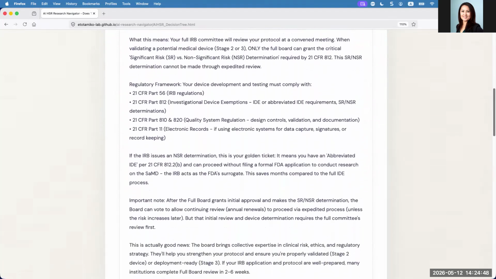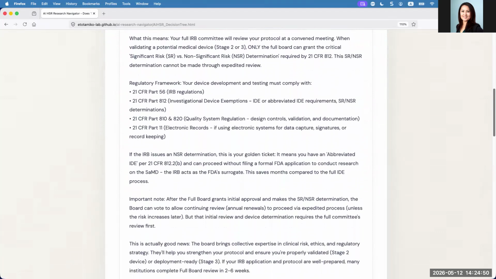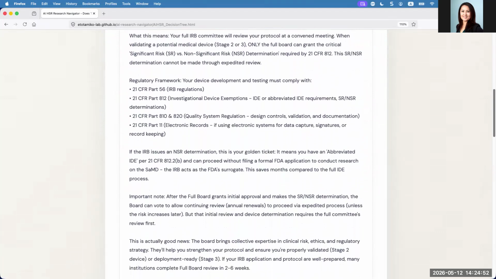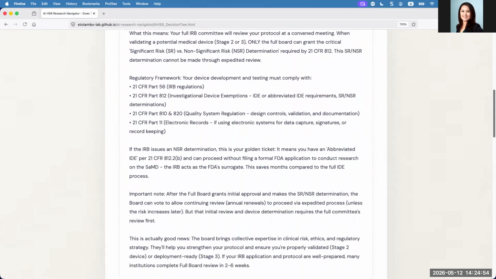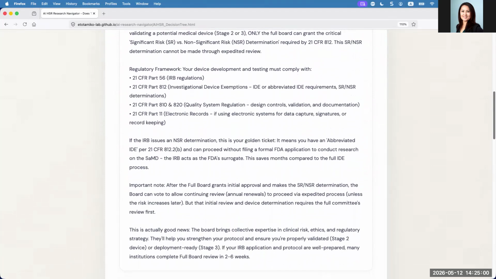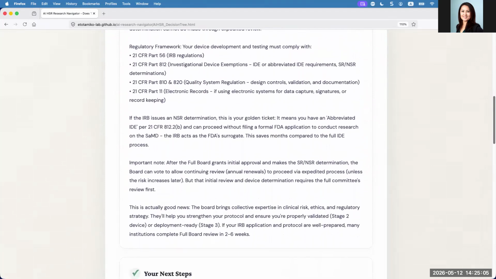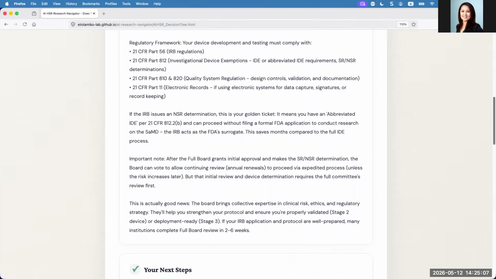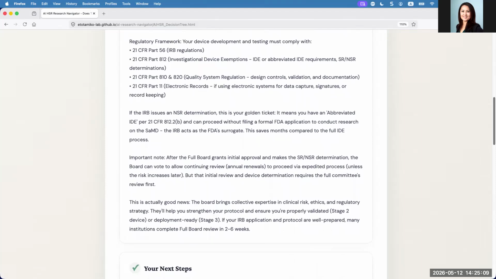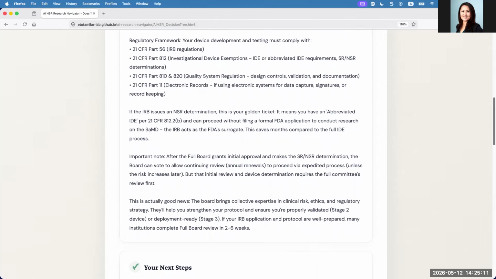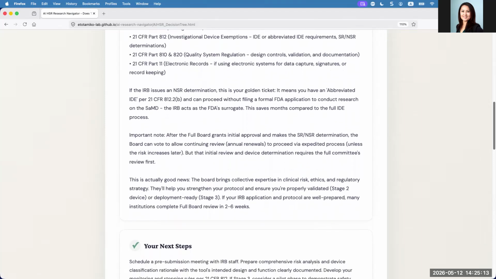It explains the NSR, SR determinations. Essentially, if the IRB determines that the device is non-significant risk, or NSR, then that would require an abbreviated IDE. So the IRB becomes the FDA surrogate and no formal FDA application would be needed.